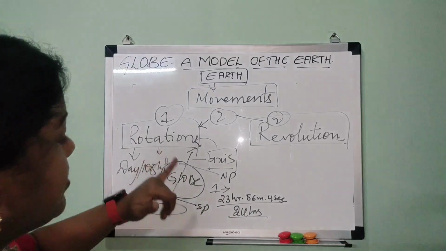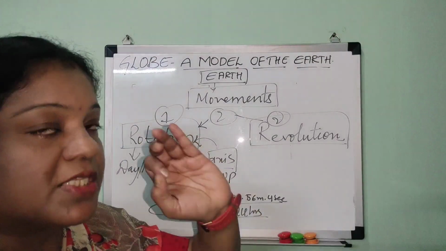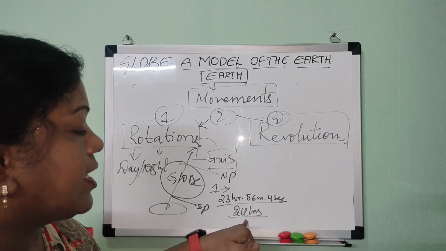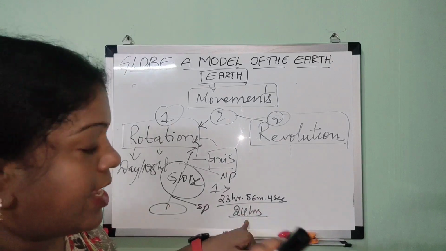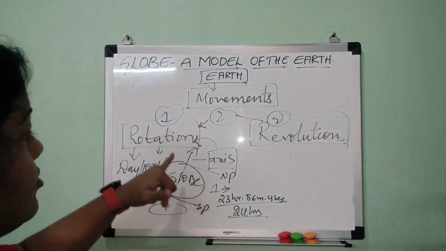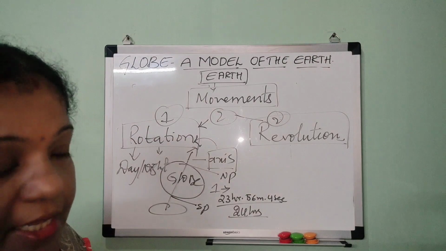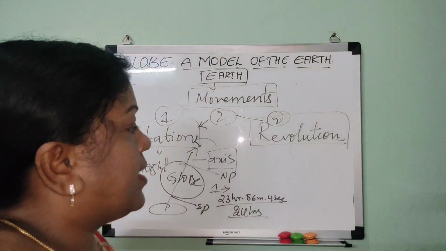And what is the time taken to complete one rotation? 23 hours, 56 minutes, 4 seconds, which you take as the completion of a day and night, the total 24 hours. And due to the rotation, the days and nights are caused. Is it clear? Then after that, go for revolution.